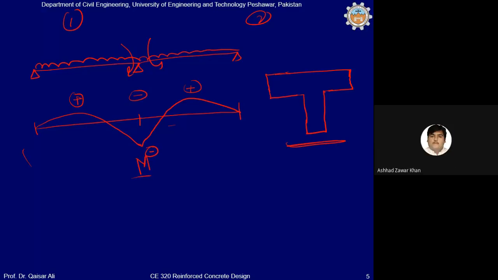Sir, in case of negative, bottom fiber will be in compression and top will be in tension. Yes, bottom fibers will be in compression and top fiber will be in tension. So what does it mean? It means that the compression block will form in the web part of the beam.